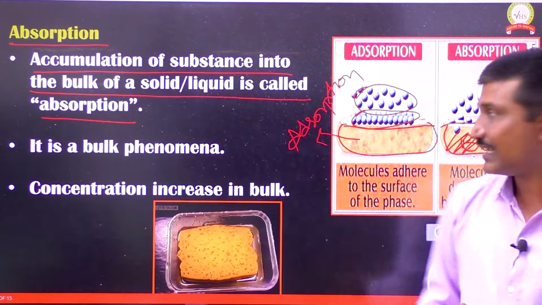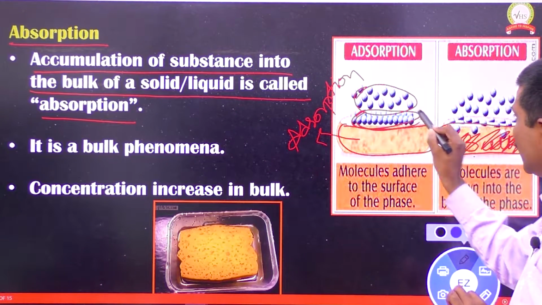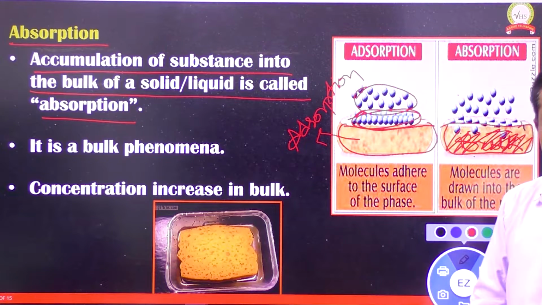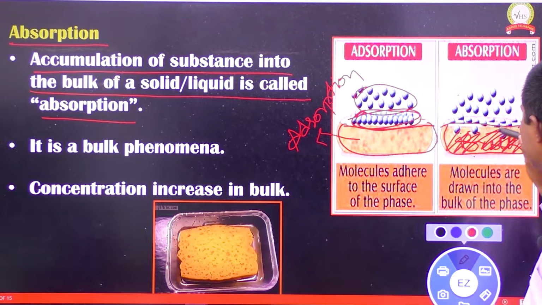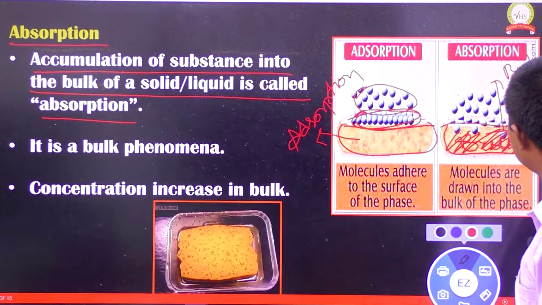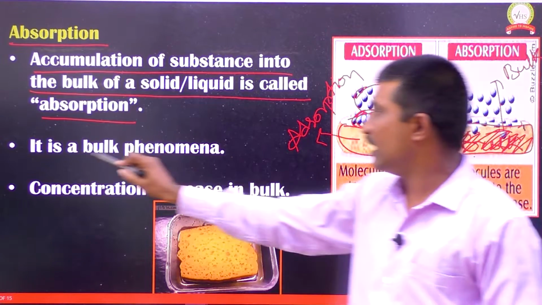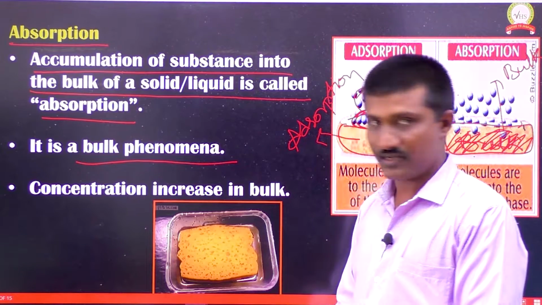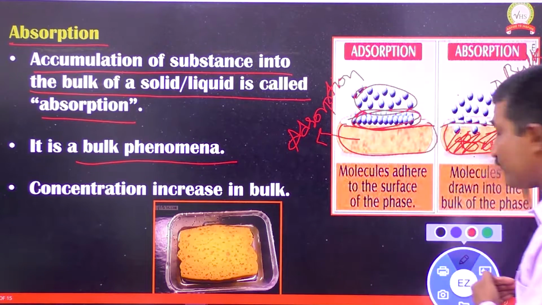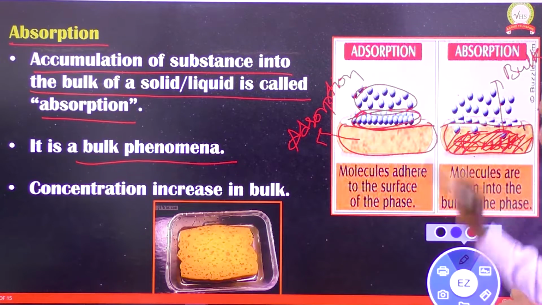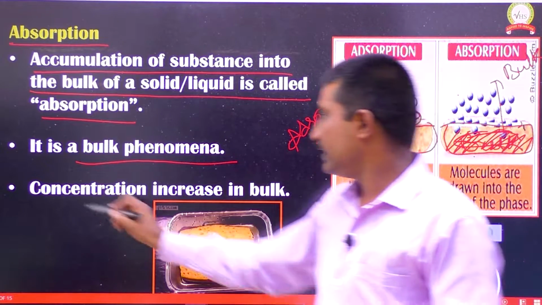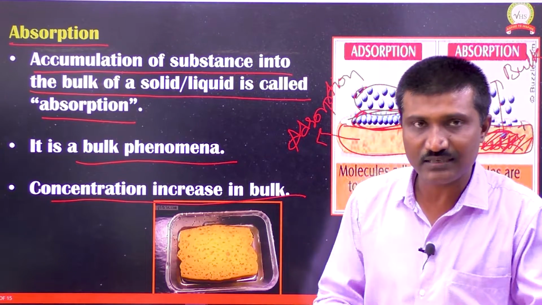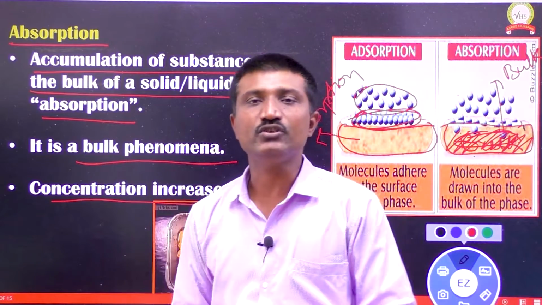Adsorption takes place on the surface only, but absorption takes place inside the substance. Inside of the substance is nothing but bulk, so absorption is a bulk phenomenon, whereas adsorption is a surface phenomenon. If more molecules are entering into the bulk, then what about the concentration of that bulk? It increases. Concentration is nothing but the number of molecules present in a unit volume.